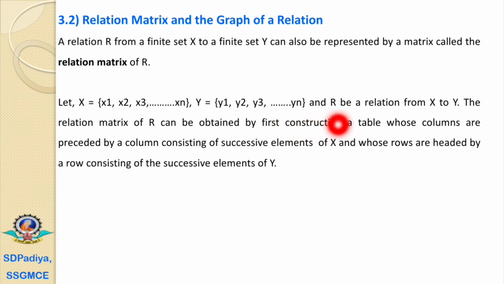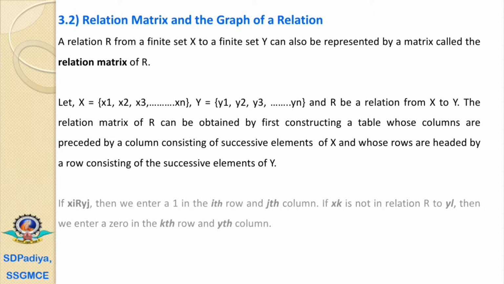And capital R is a relation between these two sets, that is from X to Y. Then the relation matrix of R can be obtained by first constructing a table whose columns are preceded by a column consisting of the successive elements of X and whose rows are headed by a row consisting of the successive elements of Y. That is the rule to draw the matrix.